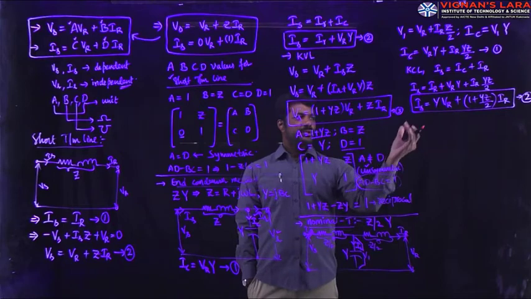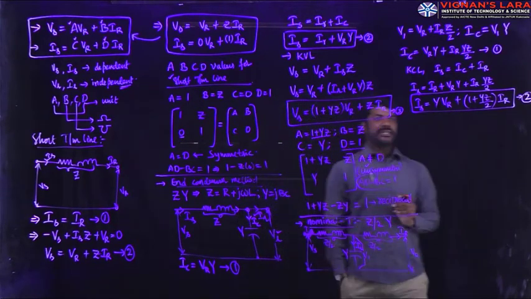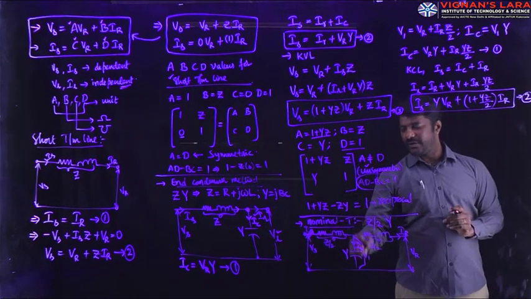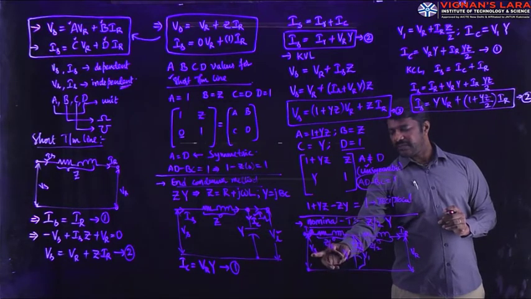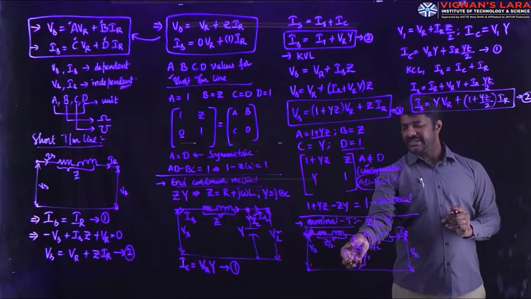Coming to the next quantity called voltage simplification. How to get that voltage simplification? By applying the KVL to this sending end loop. What is the sending end loop? It is formed with the voltage of Vs, impedance drop and admittance drop.